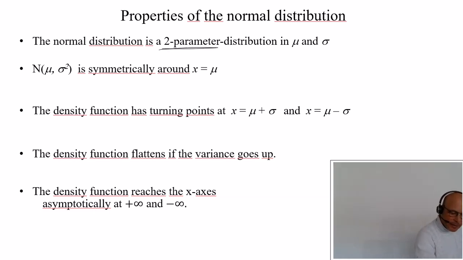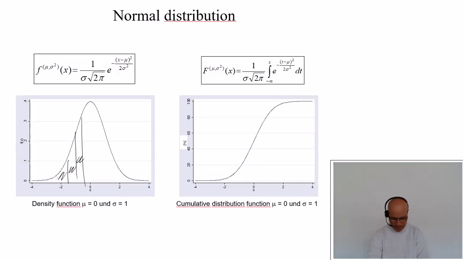And then these properties of the normal distribution you should keep in mind. This distribution is fully described given the two parameters, standard deviation and expected value. It is symmetric, and going back here, around here and here we have our turning points, where the curvature turns from a left curve to a right curve.